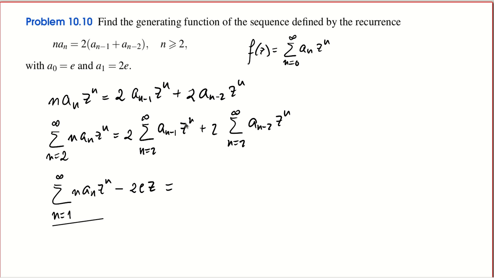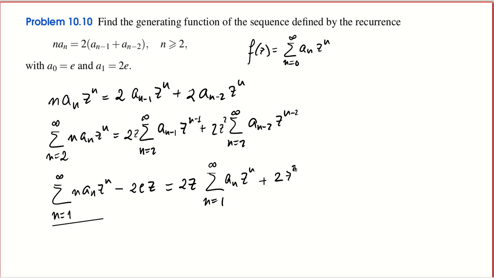Then we have this here. There's a mismatch between the exponent and the index. We take out the factor z, so we put the factor z here and subtract 1 here. Now we have the same index, and then we change the index 1 unit down here and 1 unit up here. So we have the sum from n equal 1 to infinity of a_n z^n. And in this one here, we get a factor z squared up here.